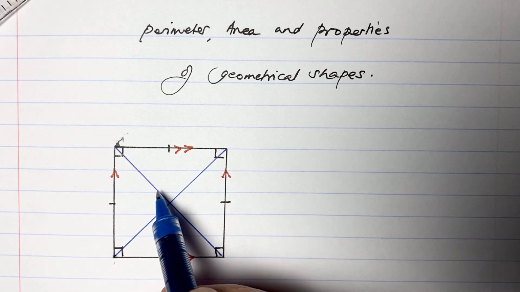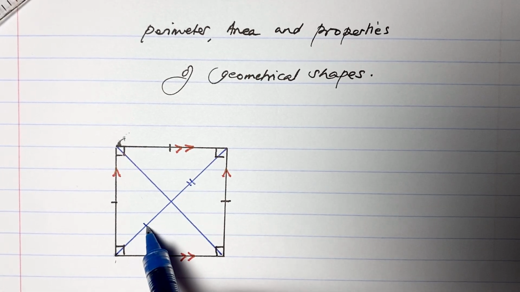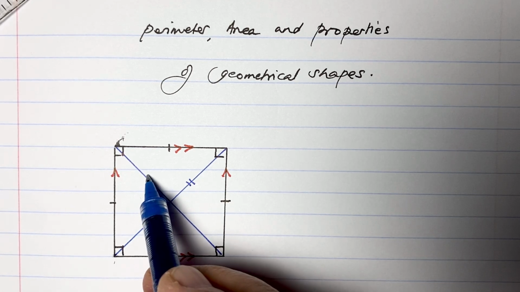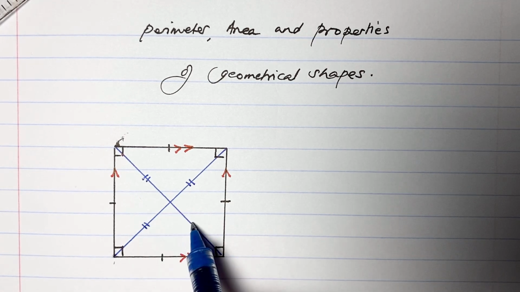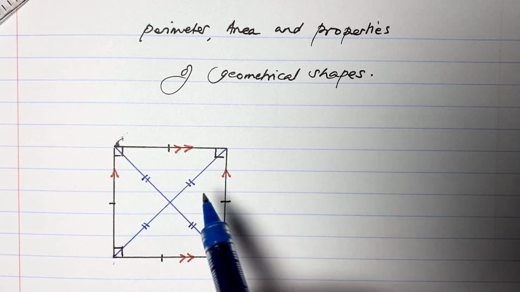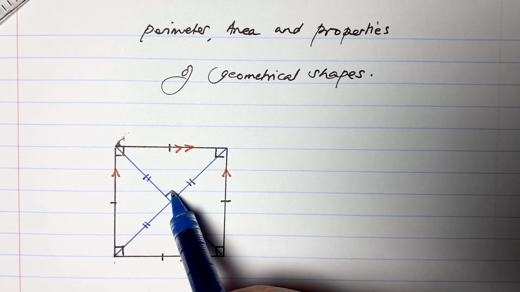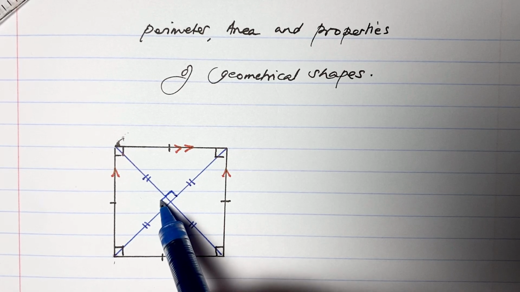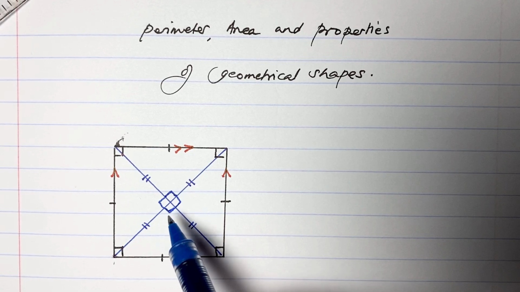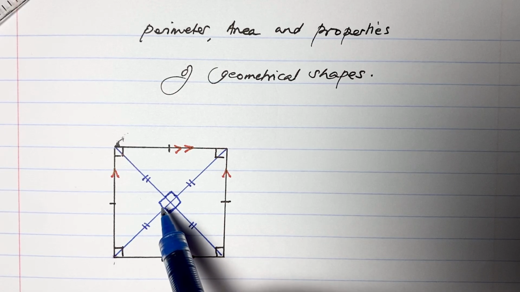That means this diagonal is halved by the other diagonal, and vice versa. So the diagonals are equal, they halve each other, and they meet each other at 90 degrees. So this is the property of a square. The diagonals bisect each other at 90 degrees.